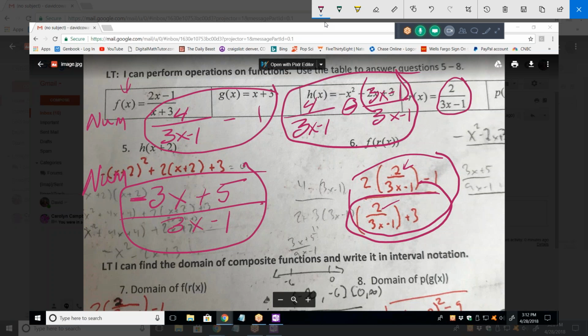What is my common denominator? 3x minus 1. That's still 2. What's the right numerator? 9x minus 3. I would leave it like this, and there's a good reason for leaving it like that.